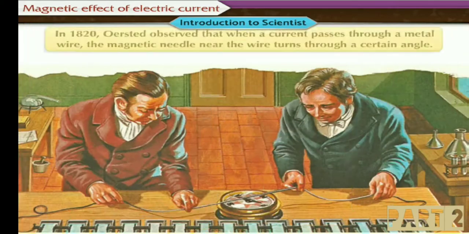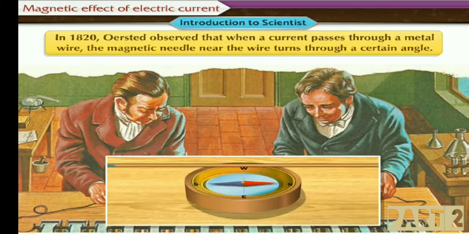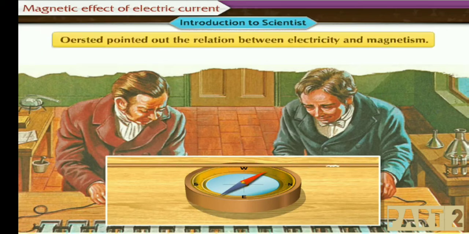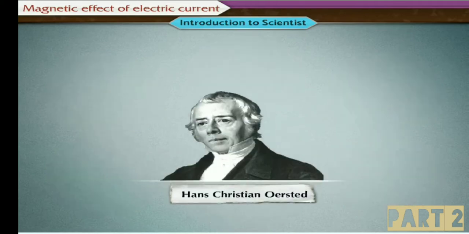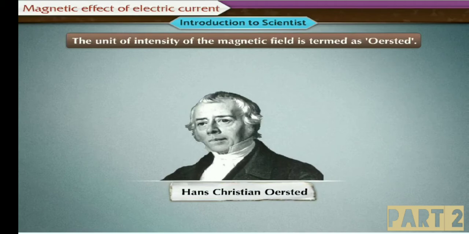He observed in 1820 that when a current passes through a metal wire, the magnetic needle near the wire turns through a certain angle. He pointed out the relation between electricity and magnetism. Today's advanced technology is developed as a consequence. In his honor, the unit of intensity of the magnetic field is termed as Ørsted.